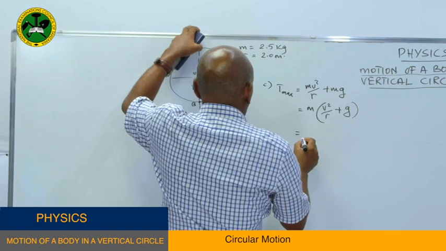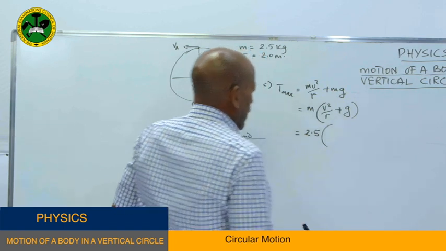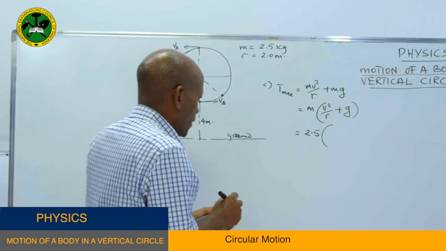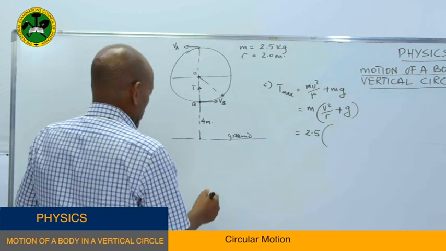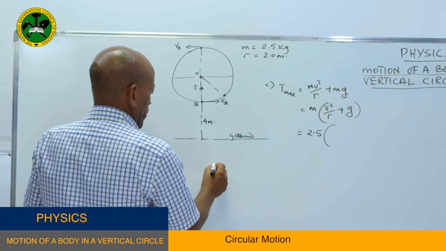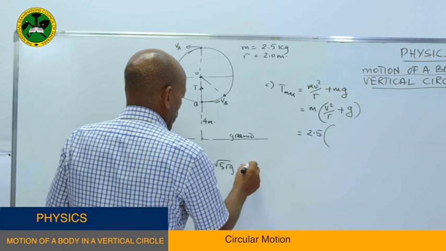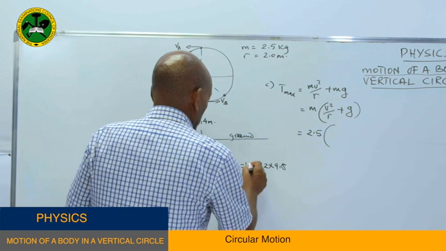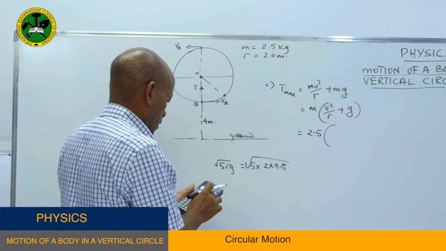So if we substitute, the mass is 2.5 and the velocity at the bottom is equal to the square root of 5rg, which is 5 times 2 times 9.8. We are taking the square root of that.